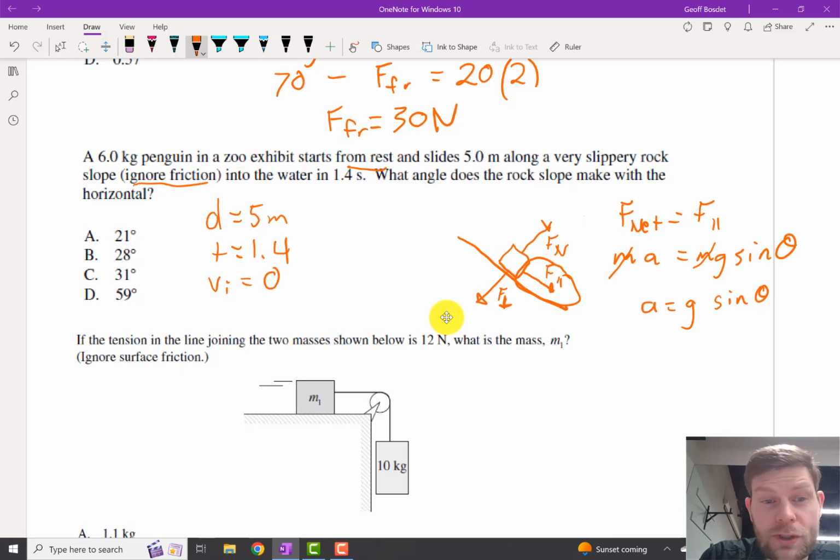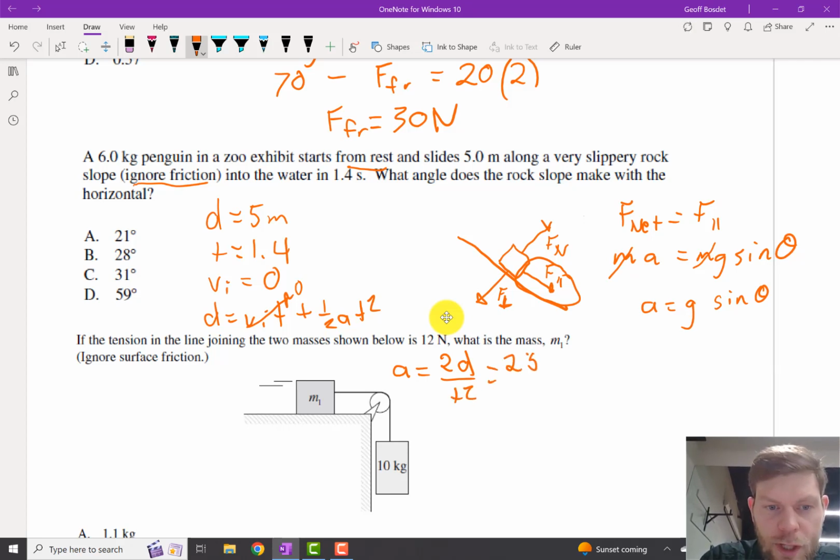So if I want to solve for a, I might use this formula, d equals vi t plus 1/2 a t squared. Since vi is 0, I can just forget about that. If I rearrange this to solve for a, I'd end up with a equals 2d over t squared, which in this case is 2 times 5, divided by 1.4 squared. 1.4 squared is pretty close to 2, so my acceleration is going to be pretty much 5.